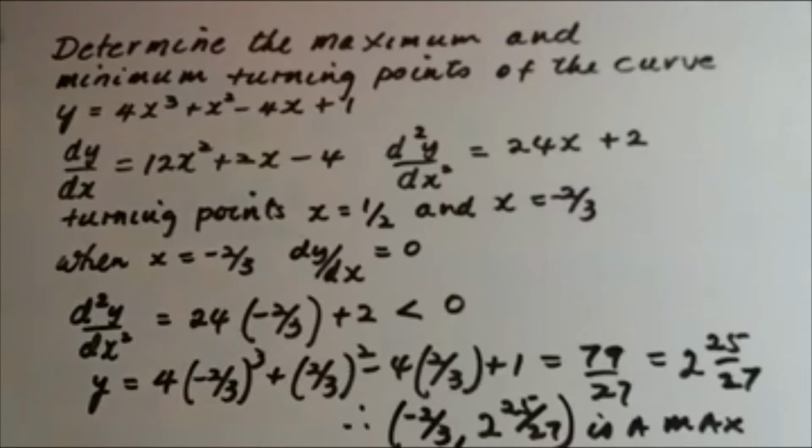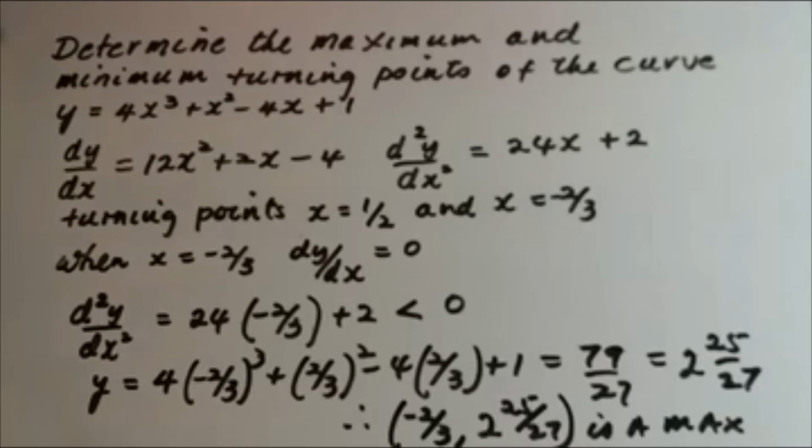So there we have it. We've gone through analysing this curve y is equal to 4x cubed add x squared minus 4x add 1 by finding the first derivative and also the second derivative.